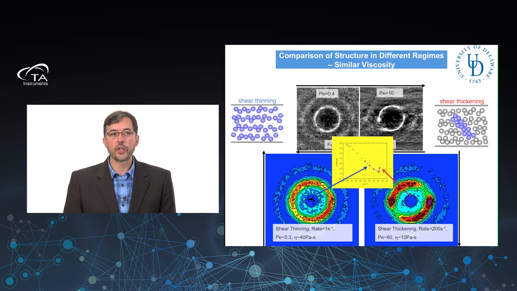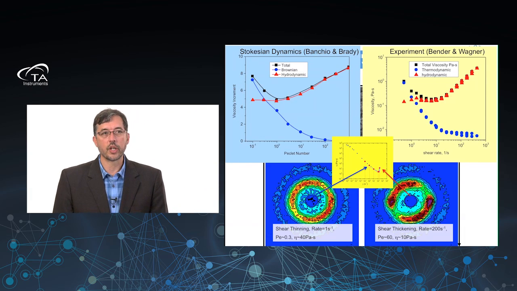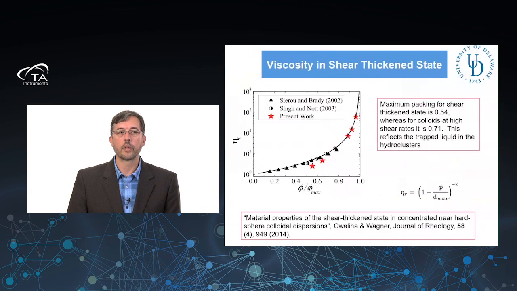Particles are pushed very close together, and the viscosity now is dominated not by the Brownian motion, but by hydrodynamic interactions. So how you control that viscosity, that colloidal suspension rheology, depends differently in the different flow regimes. Even though the viscosity is the same, it's not the same colloidal interactions that are causing that viscosity. And again, just for reference, the simulations on the left and the experiments on the right confirm that.